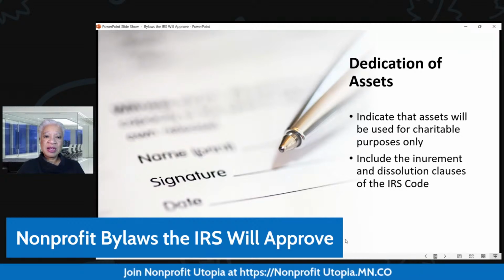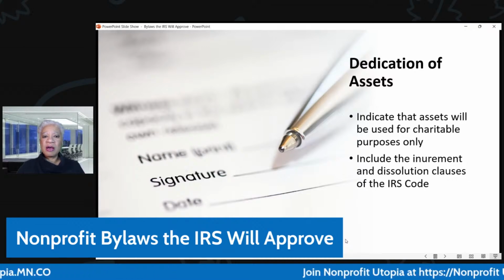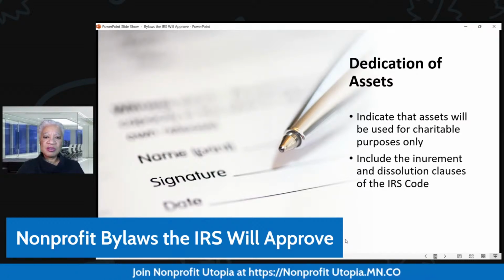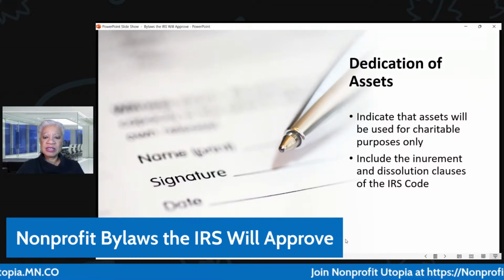The inurement clause of the IRS code basically indicates that none of the profits are going to inure or come back or be for the benefit of officers and directors of the organization. So you can't have people who are running the organization profiting from the organization.